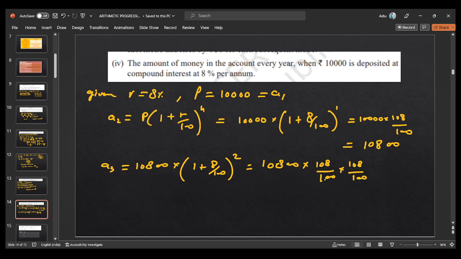So we will multiply it. After multiplication, we will get 12597. Clear? This is A3.